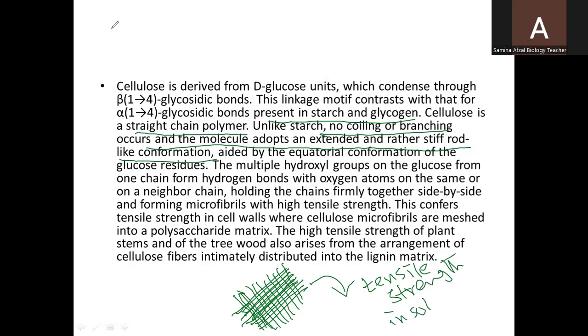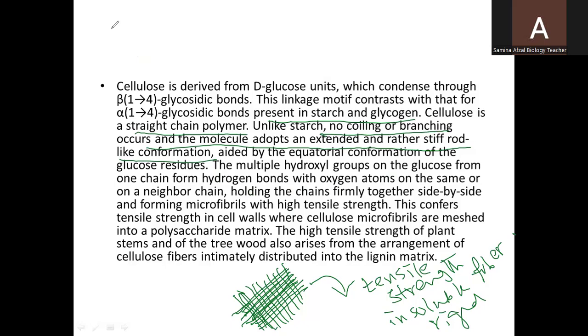Insoluble fiber, rigid. It gives rigidity to it. So in this way, we can say that the structure of cellulose is defined by its long unbranched chains of beta glucose monomers linked by 1,4-glycosidic bonds.